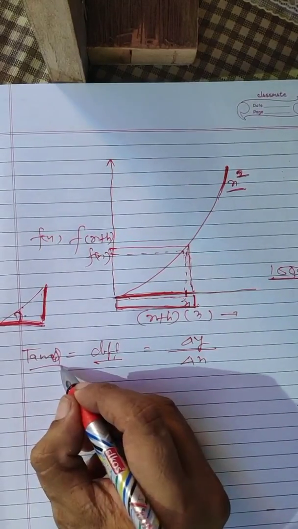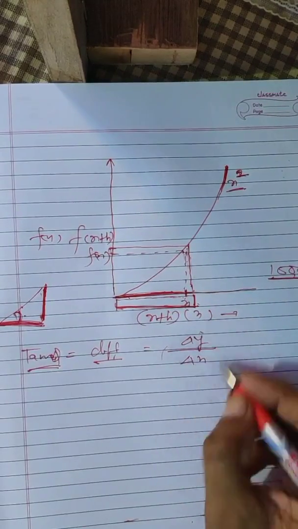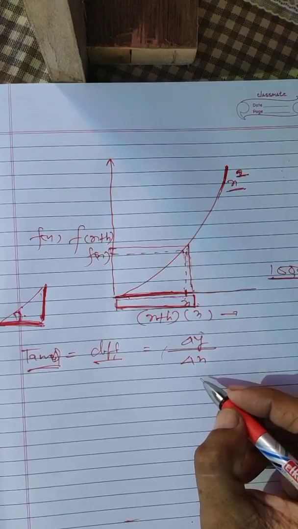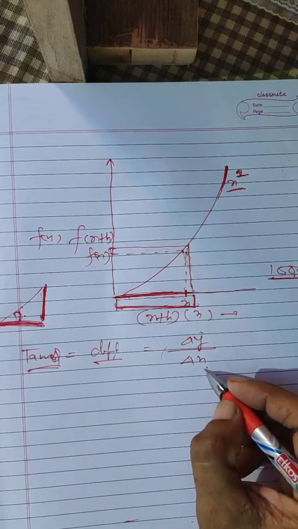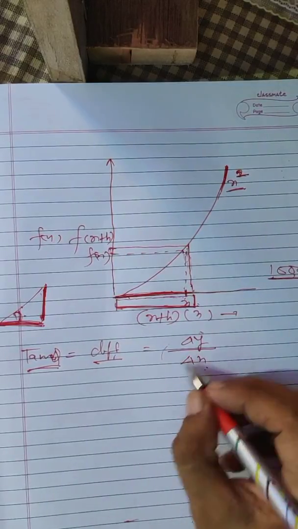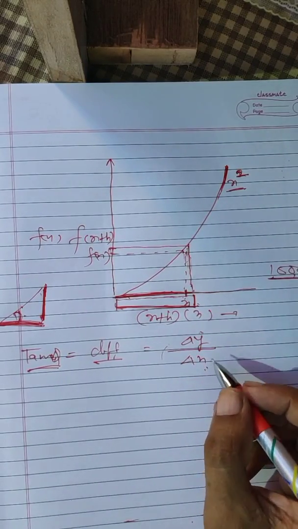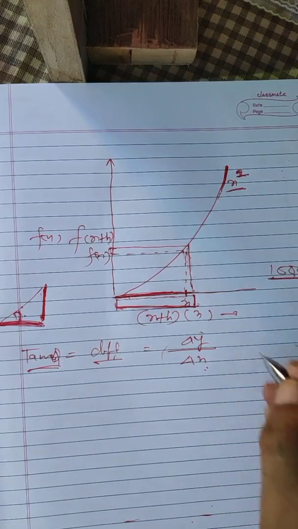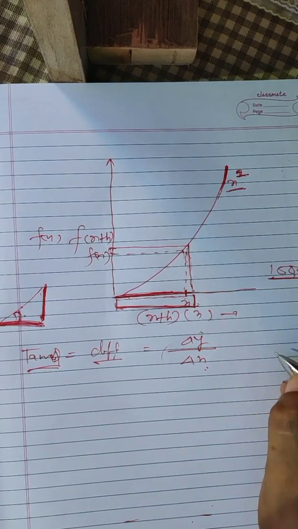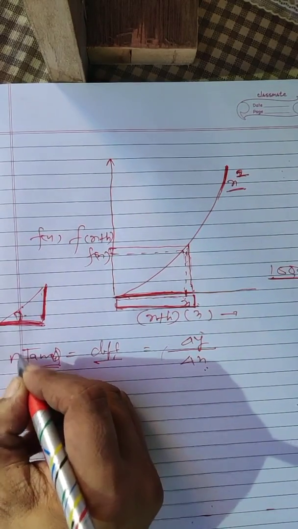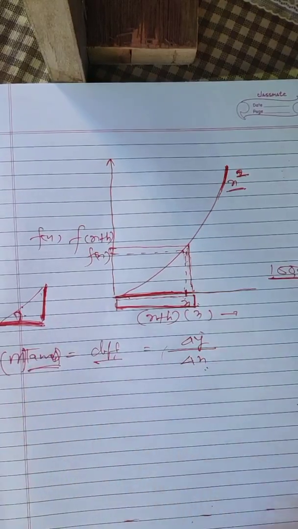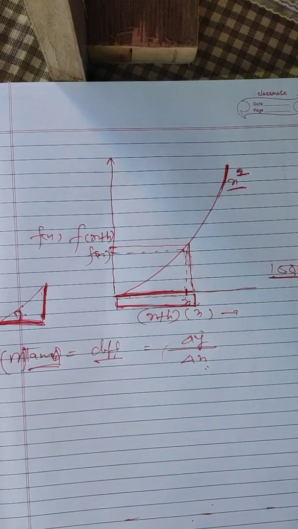Differentiation is tan theta. Tan theta is the change in y over the change in x. While making a small change in your run, how much rise, how much change are we getting in y. And in mathematical terms, we also refer to this as m, which is just a kind of slope.